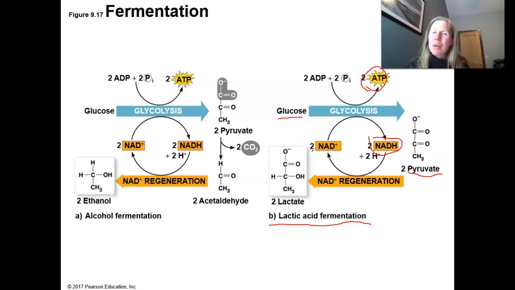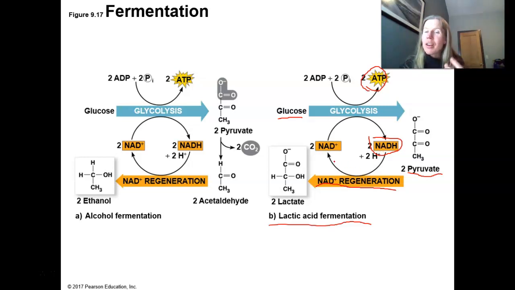But what's going to happen is you're going to run out of NAD, right? Because without oxygen, you can't shuttle NADH into the mitochondria and steal the electron from it. And so NADH is just sitting there in that reduced form. So you run out of NAD that you need in order for glycolysis to keep going. So the whole point of fermentation is to regenerate, to remake NAD. We need to be able to do an oxidation reaction here, right?